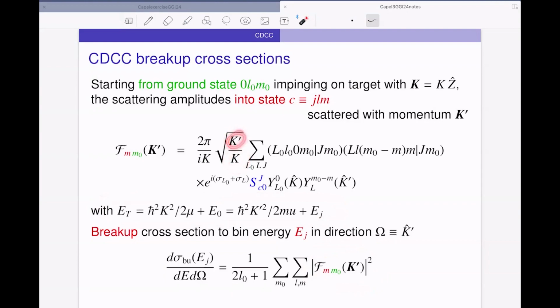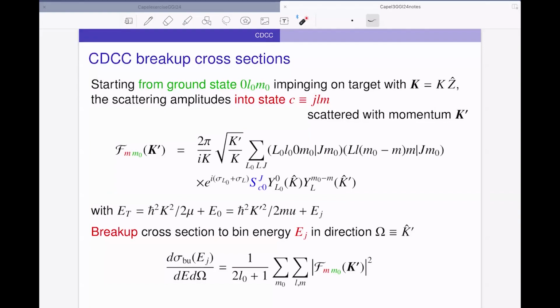K prime is the wave number in the scattering channel, and K prime is related to the initial kinetic energy of the system, but also the energy in which the projectile is, so in the continuum or in an excited state. So you have a proper conservation of energy taken into account in this model. That's one of the very important points of CDCC. It's fully quantum. There is no approximation performed here, but for the discretized continuum, and it conserves energy.